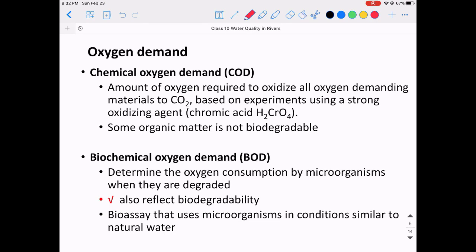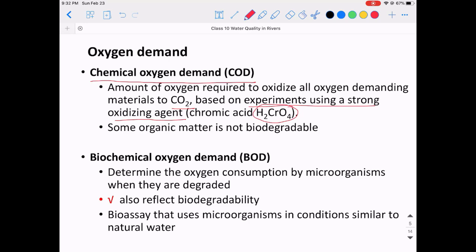So people have thought about doing experiments directly by oxidizing all of these organic materials. That's why we invented a term called the chemical oxygen demand, or the COD. What COD means is that it is the amount of oxygen required to oxidize all of these oxygen-demanding materials to carbon dioxide based on experiments using a strong oxidizing agent, for example, chromic acid.